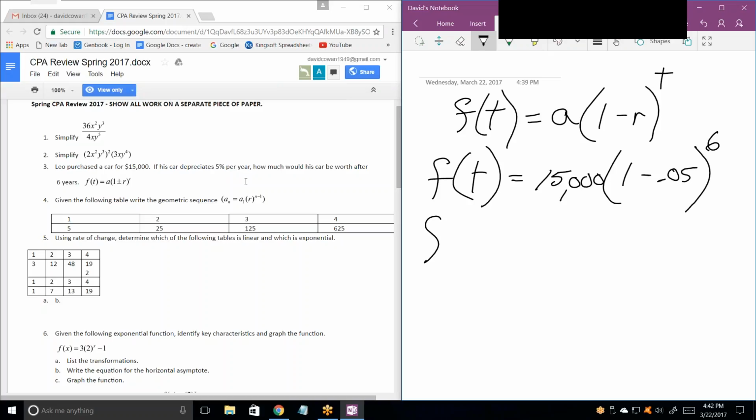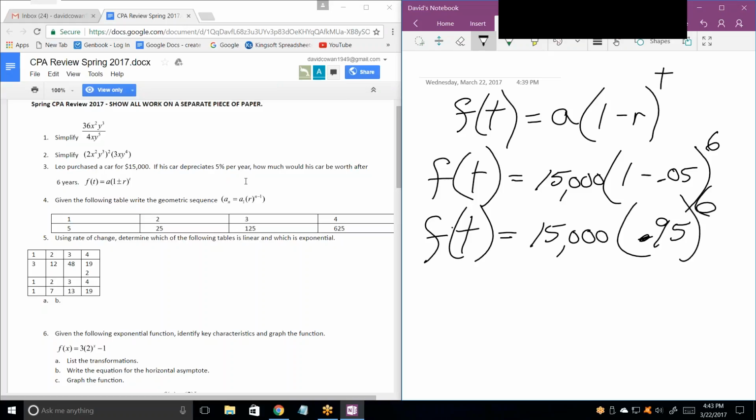Okay, so this is just a relatively straightforward problem. You have to do this in your calculator. I'm going to combine the 1 and the minus 0.05 to get my 0.95. So in your calculator, take 0.95 to the 6th power and multiply it by 15,000. What do you get?